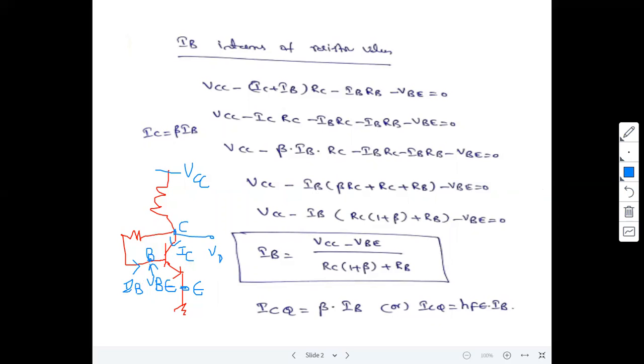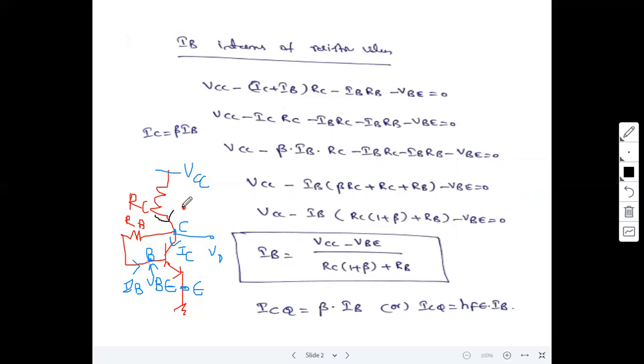What is the current through resistor RC here? Observe, this is RC and this is RB. The current through resistor RC is equal to the sum of IC plus IB.